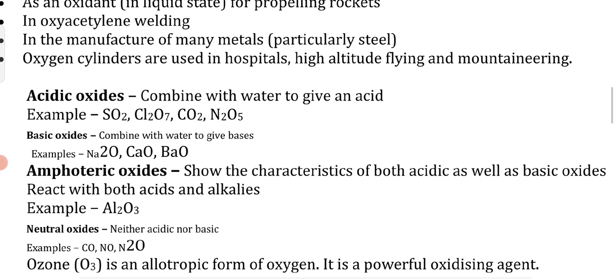And one more kind of oxide is there, that is neutral oxide. Generally 4 types of oxides we can get in nature, not 3, it is 4. Neutral oxides are neither basic nor acidic. That means they cannot give any acid or base in the presence of water. For example CO, NO, N2O.